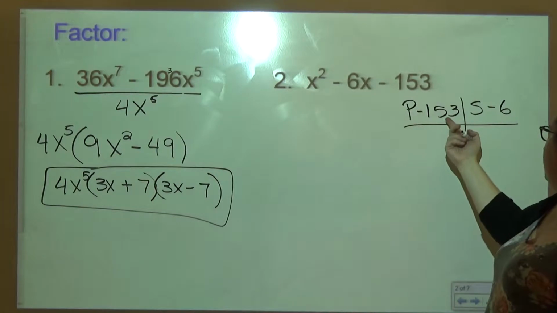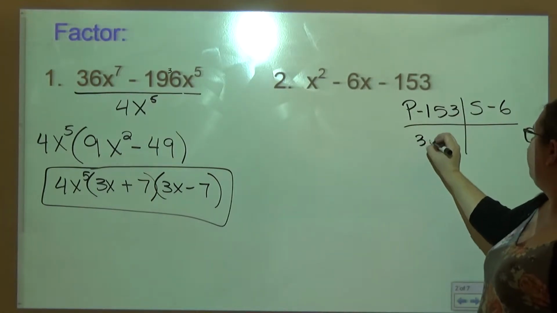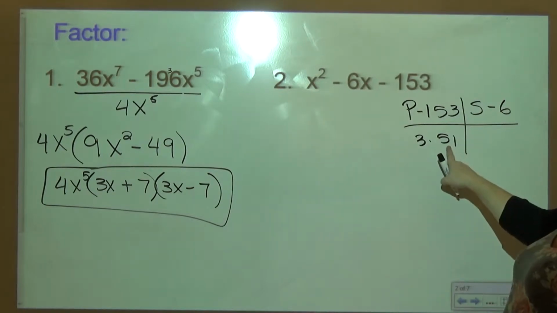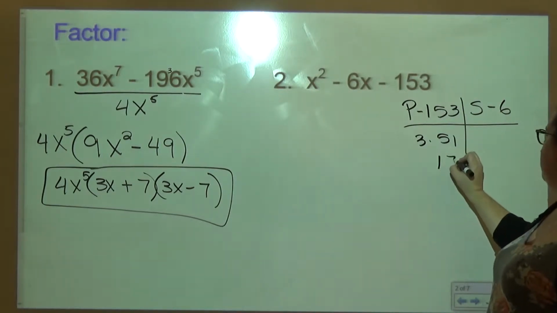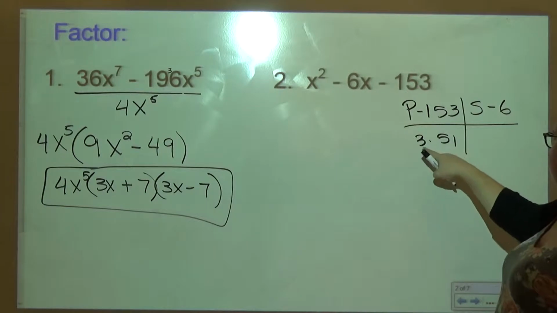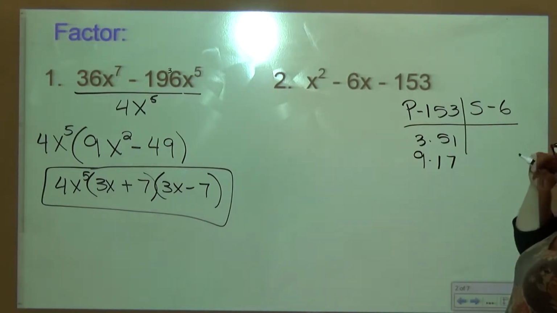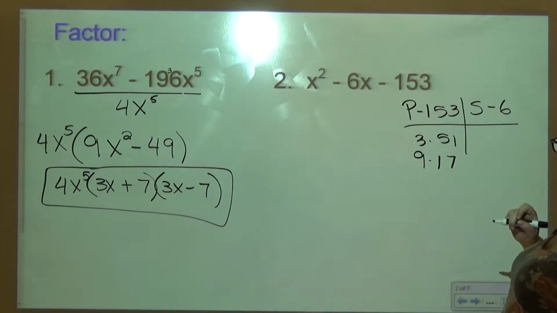Alright, so 2 doesn't go in, 3 times 51. Ooh, it's going to be 17 because 17 goes into 51. So 17, 3, 17 and 9. Nope, that doesn't work. It gives you 8. Ooh, this one might not be factorable. I think I messed it up.